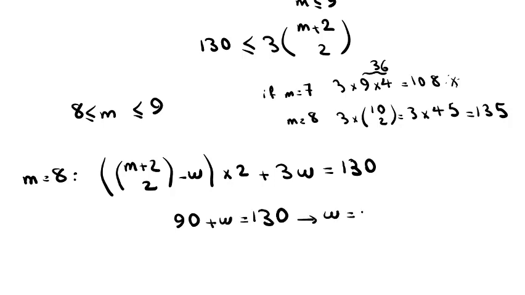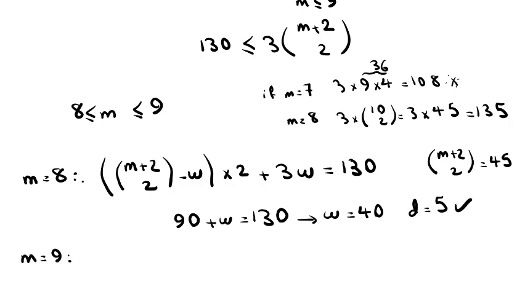So W will be 40. Let's check. Yes, 40. And the number of games that ended in a draw will be 5, because all games will be 45, and 5 is less than half of 45. It's okay. So let's check for M equals 9. The answer, now we understand that M equals 8. The answer is 8 because we have only one answer.